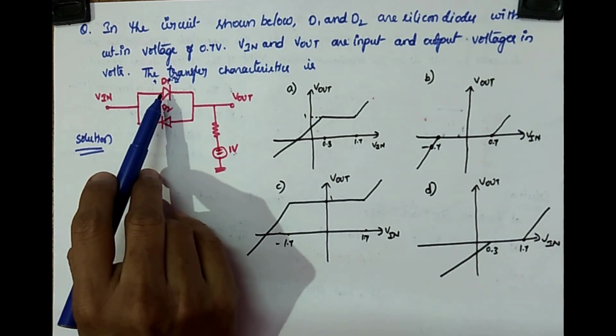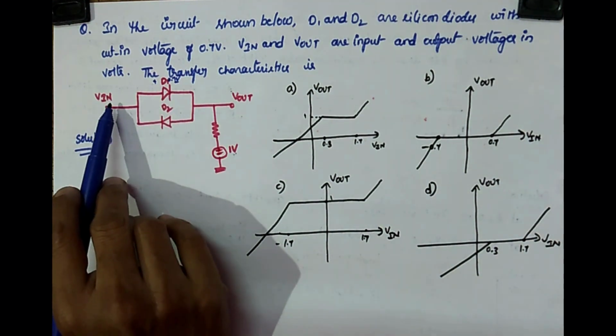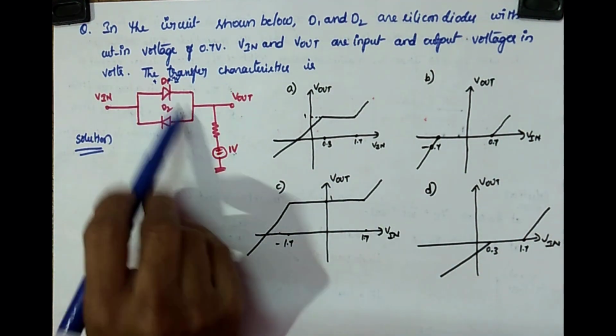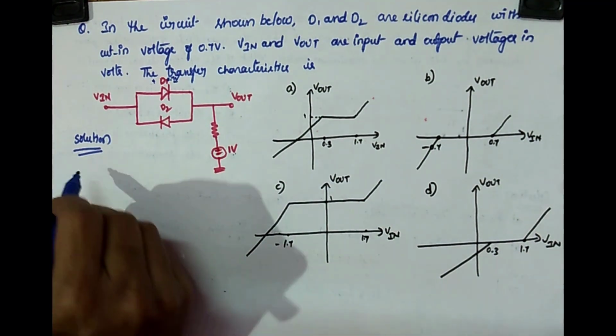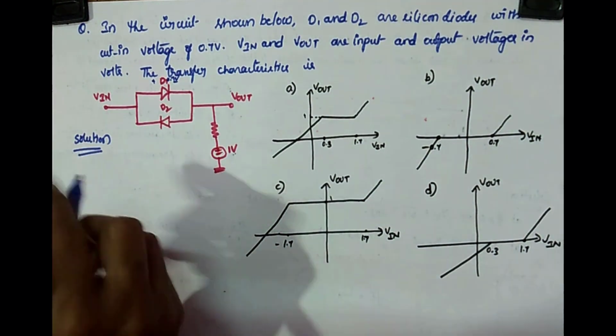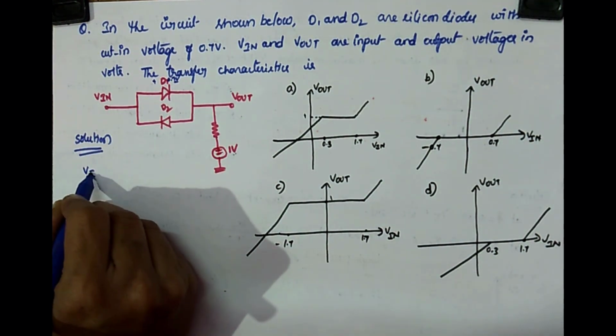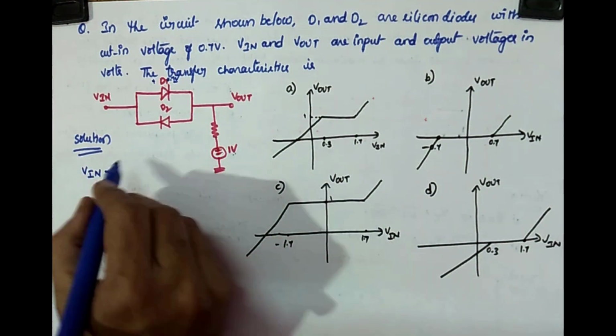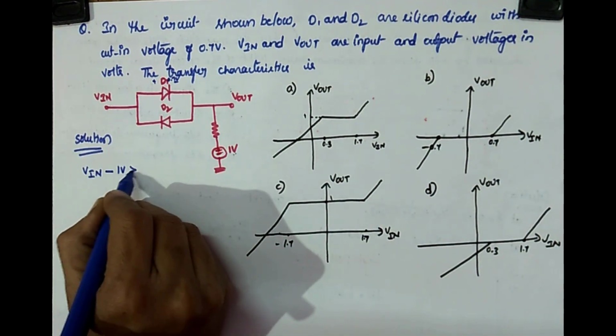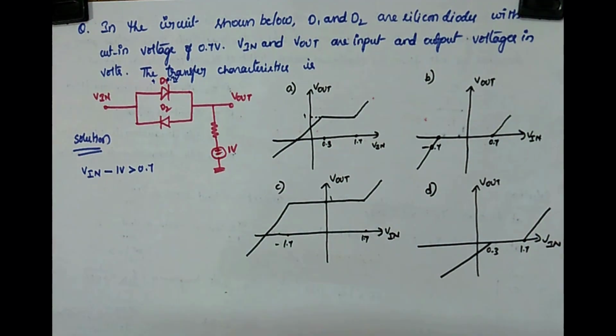Your anode must be greater than 1 volt, and that too the diode cut-in voltage is 0.7. Cut-in voltage means it conducts only after reaching the cut-in voltage. So your Vin must be greater than 1.7. You can write that as Vin minus 1 volt must be greater than 0.7.